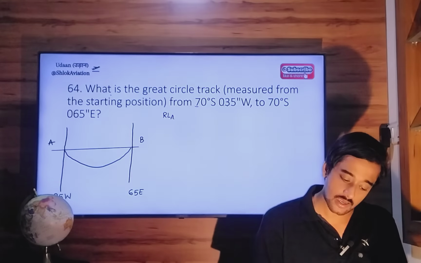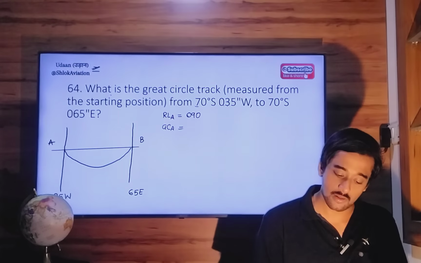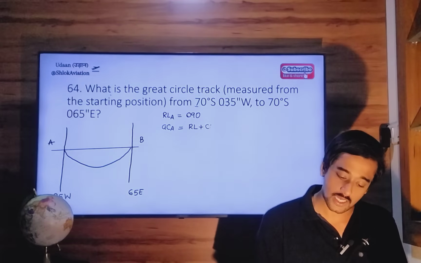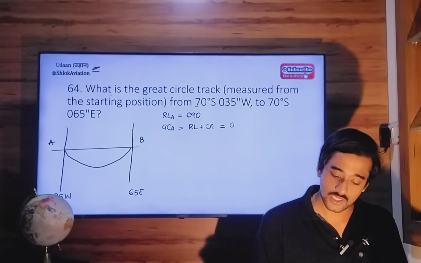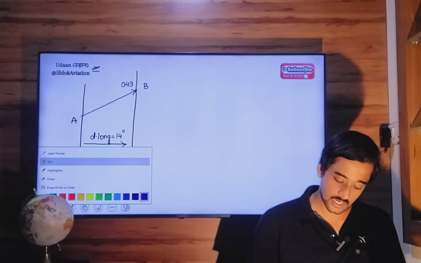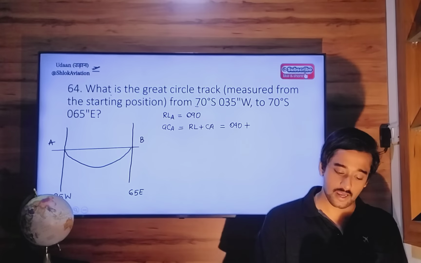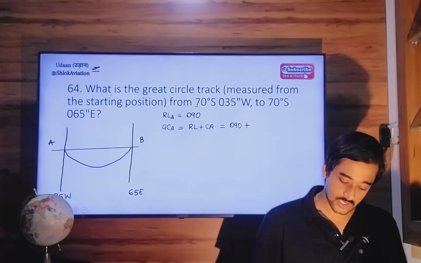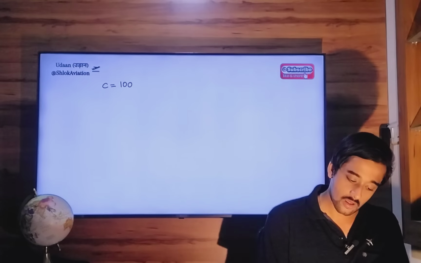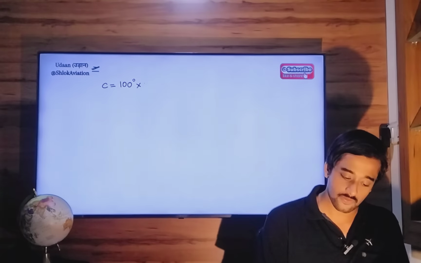Now we have to find the great circle track at the starting position. Rhumb line track at A is 090. Great circle track at A will be rhumb line track plus convergency angle. So 090 plus convergency angle. What is convergency here? Convergency here is d long times sine latitude. So 35 west plus 65 east is 100, into sine 70.